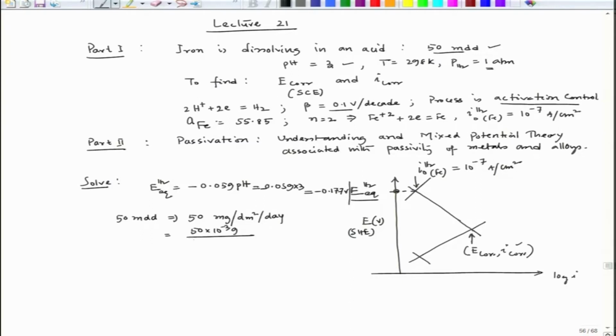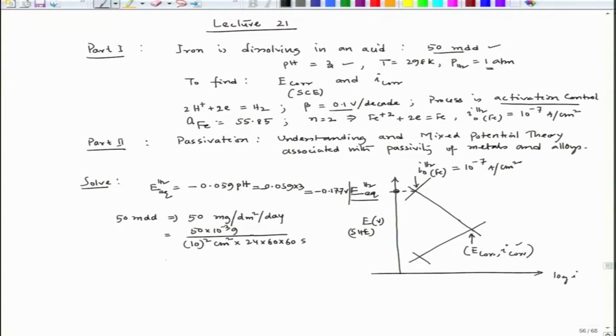So, I can make it 10 to the power 1 square centimeter square, and day I can convert to second, 24 hour into 60 minute into 60 second.